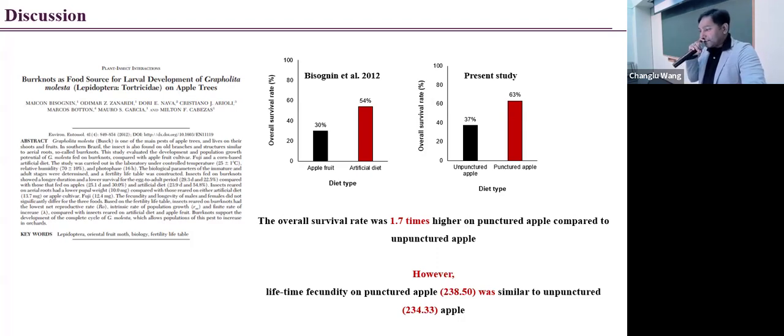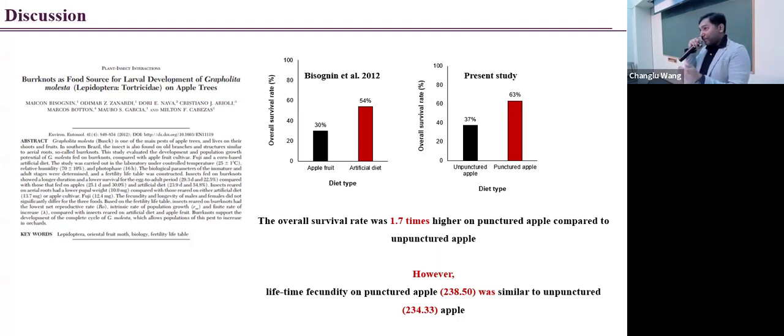Yes, I think maybe you have some question in your mind: okay, if we puncture, maybe it doesn't work the way we expected. Like maybe it will get moldy immediately, right? Because we are puncturing, we are hurting the apple.